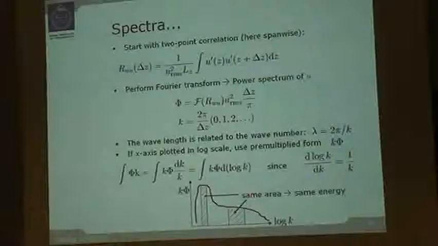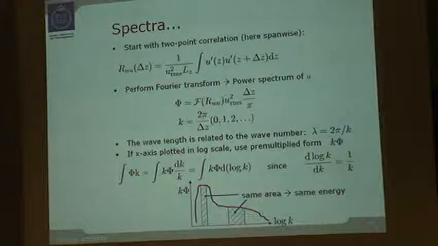If one wants to compare energy at various scales, and one plots an axis in logarithmic scale, then of course one cannot directly compare the area below the curve, because the x-axis is log scale.